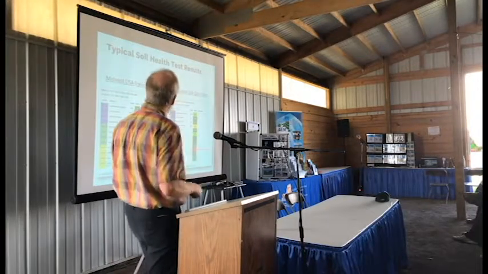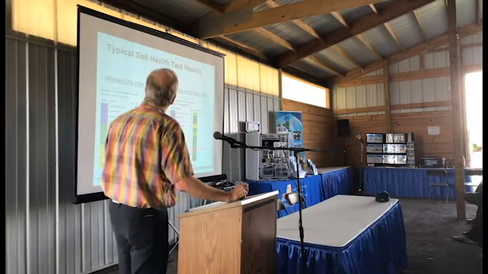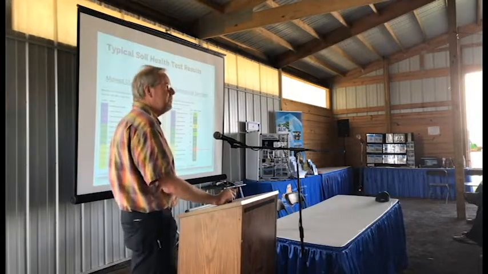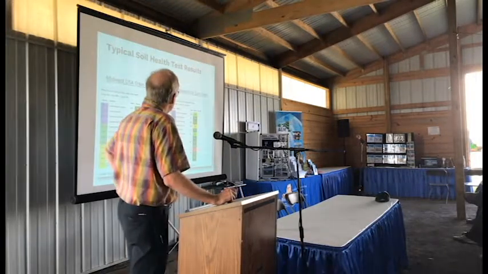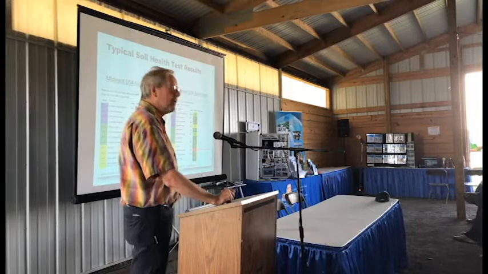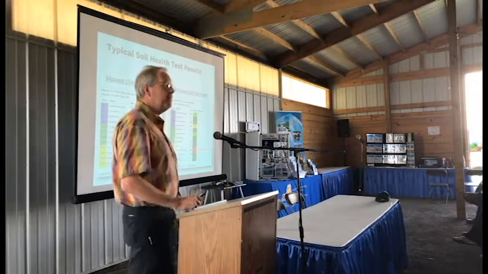So here's a soil health test report, and I'll come back to that later. From a typical USA grain farm, this is a sample that we analyzed in our lab. And on the right, you see a dairy farm from New York. And typically, green is better.